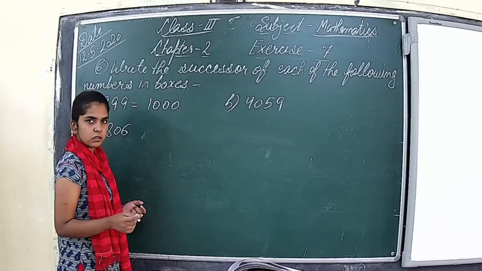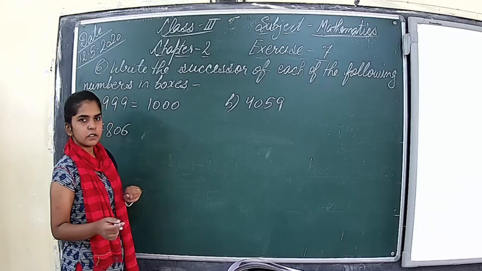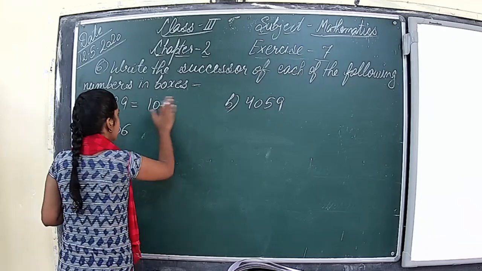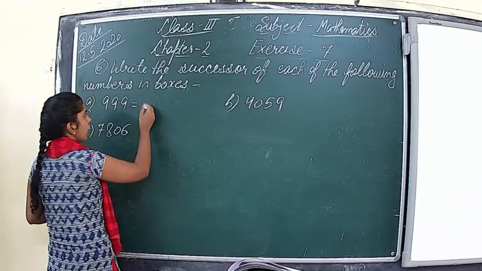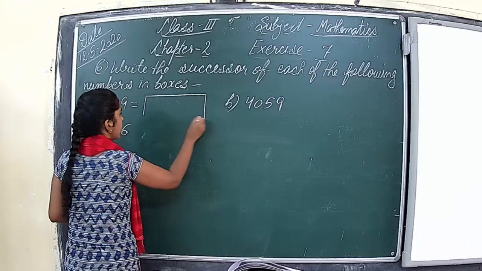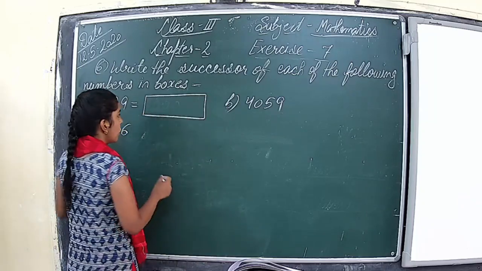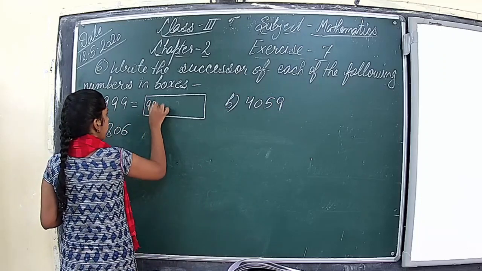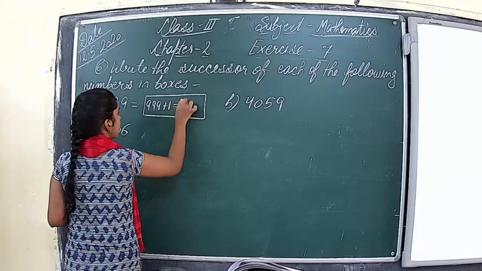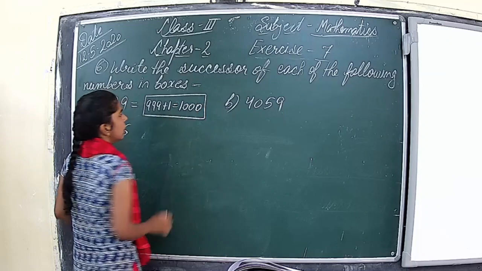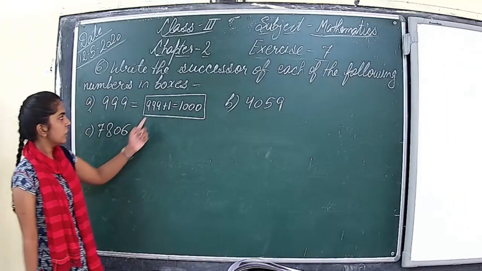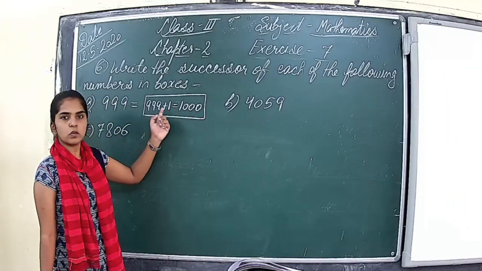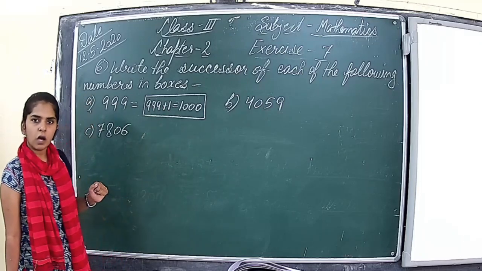But we will not write direct answer. We have to write the answer in box. We will write here 999 plus 1 is equal to 1000.